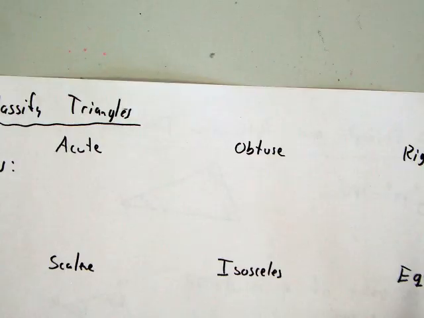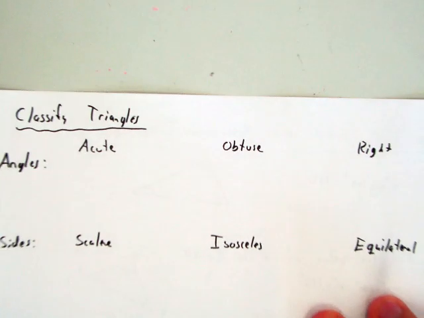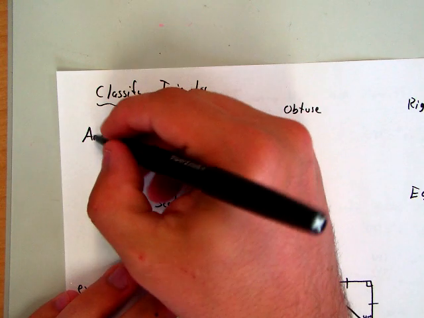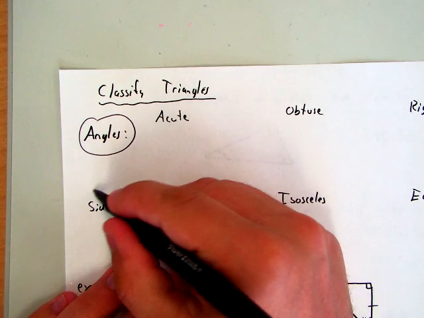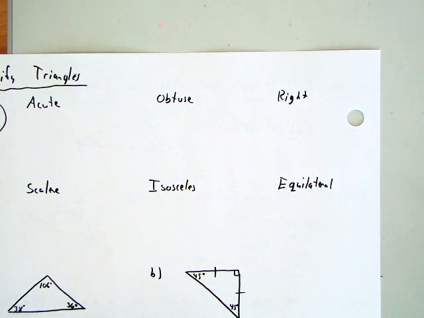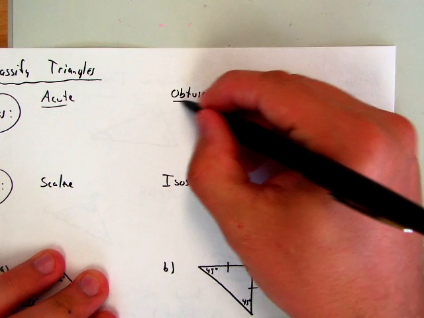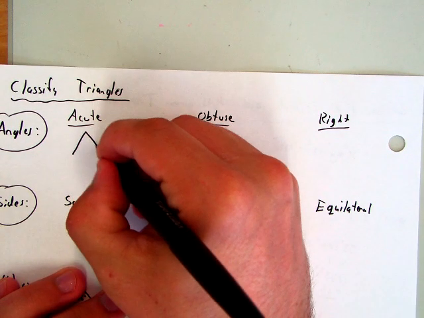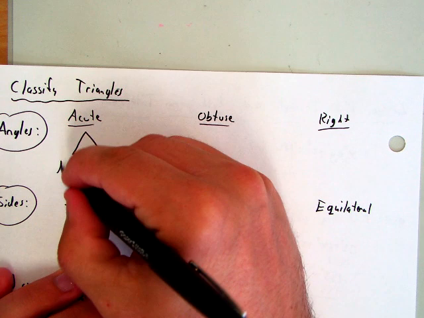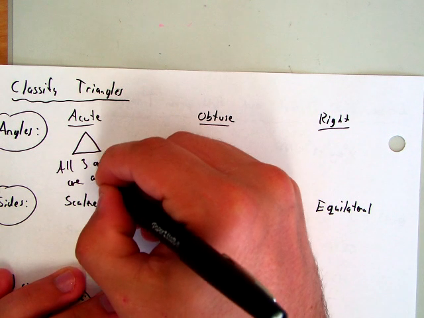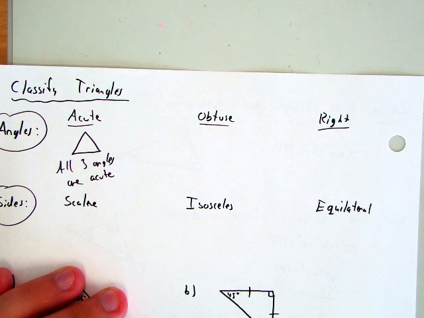Now let's look at how to classify triangles. So we have two different ways that we can classify triangles, with angles and with sides. If we look at the angles of a triangle, we have acute, obtuse, and right. An acute triangle would look something like this, where all three angles are acute.